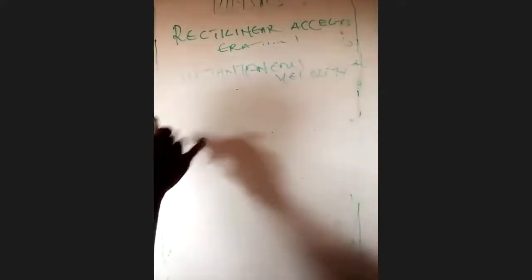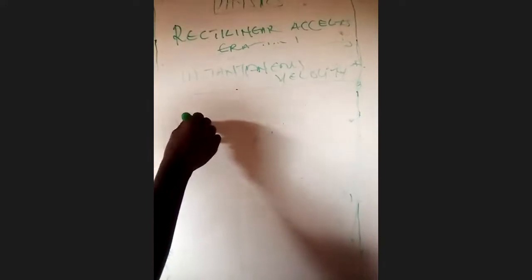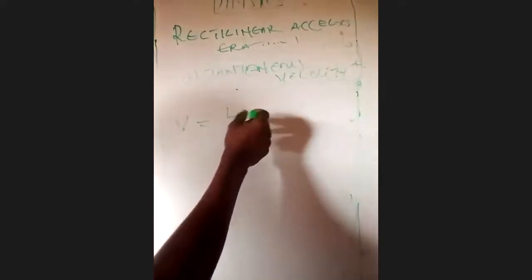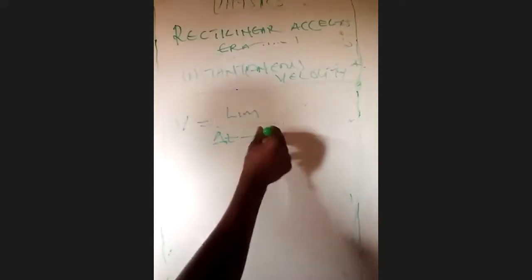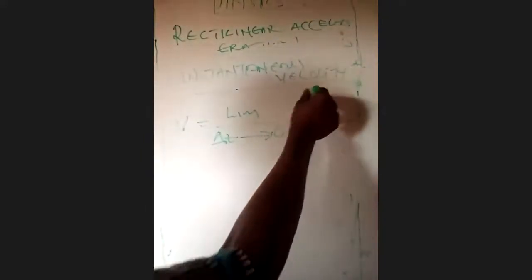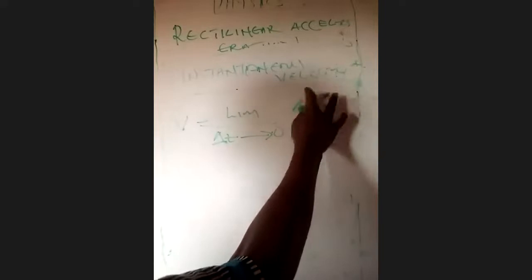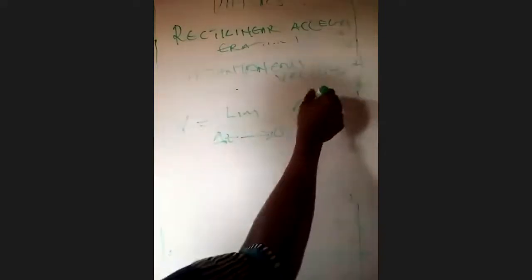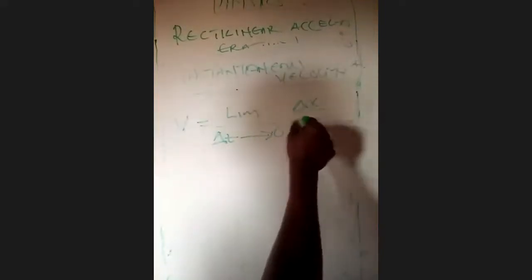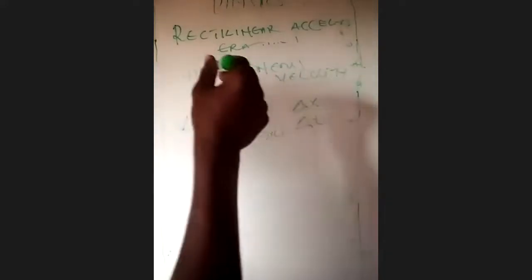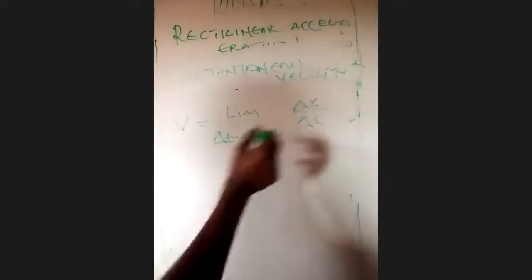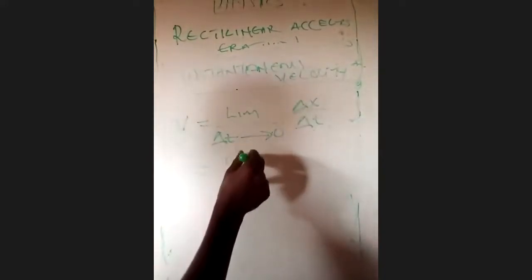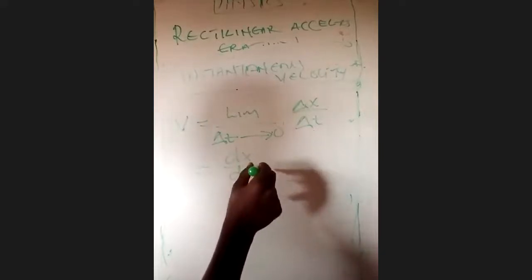And this is represented by V is equal to the limit of delta S over delta T as delta T goes to 0, which will give us the displacement over the time under the average velocity. So this will be equal to S over T.